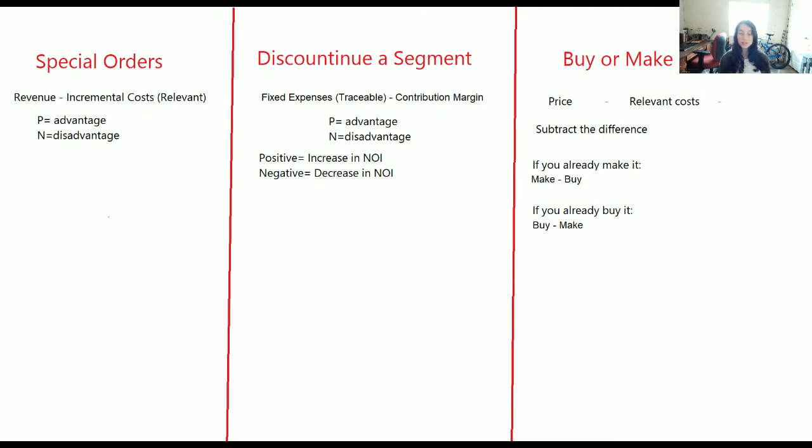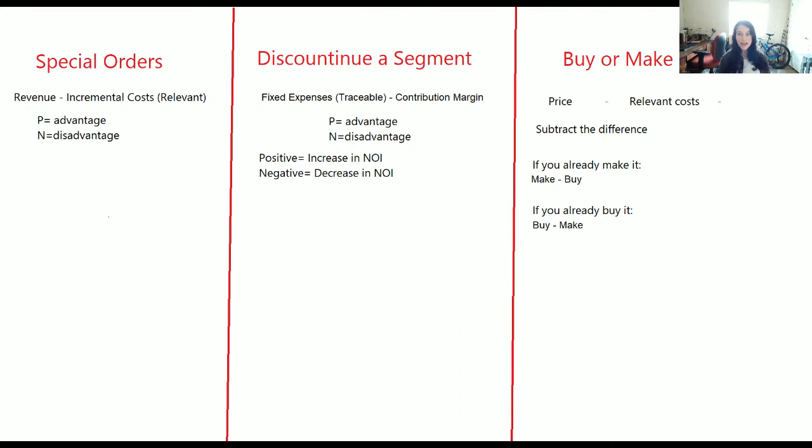When we're looking at this discontinuous segment, we're going to get the relevant cost again, or the traceable cost, and subtract the contribution margin of that segment. If the result, again, if it's positive, is an advantage, negative, disadvantage. If it's positive, it also means that the net operating income will increase, and if it's a negative, it will decrease.